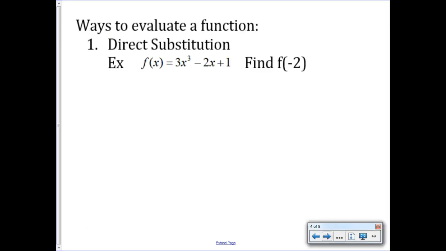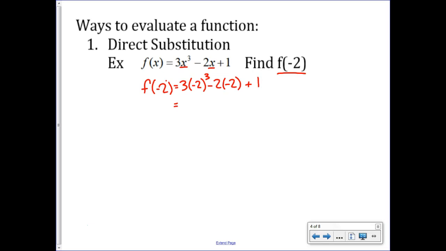So ways to evaluate a function. If we want to find f of negative 2, notice we have replaced the x with a negative 2 here. So that means in this problem, we're going to replace every x that we see with a negative 2. So f of negative 2 is equal to 3 times negative 2 to the third minus 2 times negative 2 plus 1.